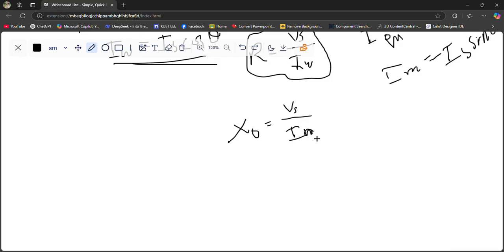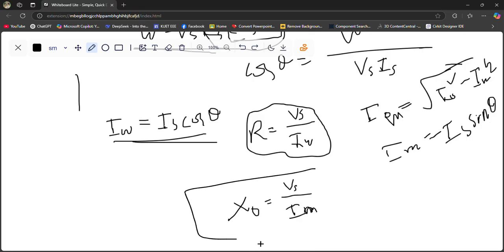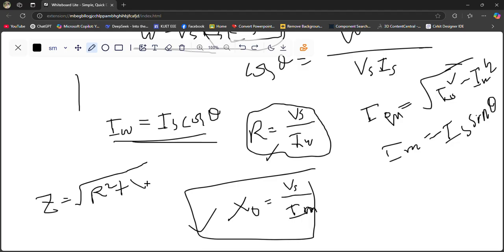So we have these components, R and X naught, and if we try to find the Z, that means the total impedance, we can get it easily, like the square root of R squared plus X naught squared.